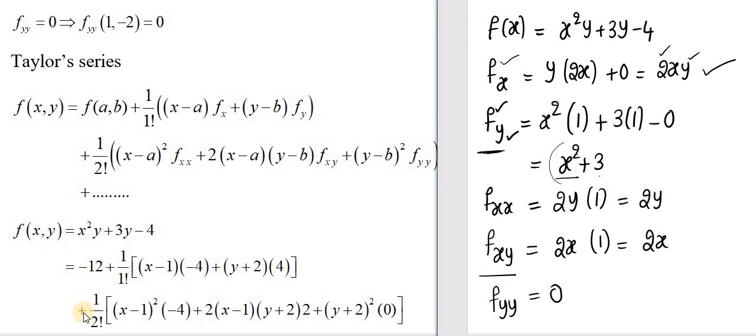Now we substitute all values, that means a value, b value, fx, fy, fxx, fxy, fyy.